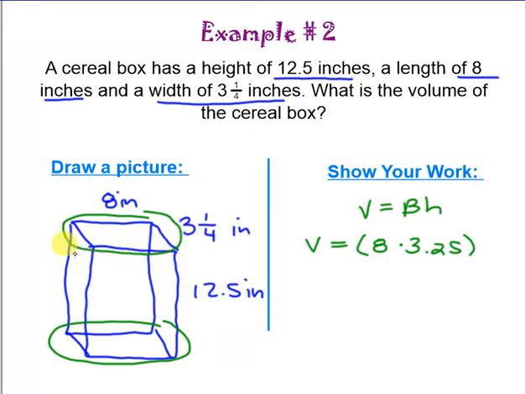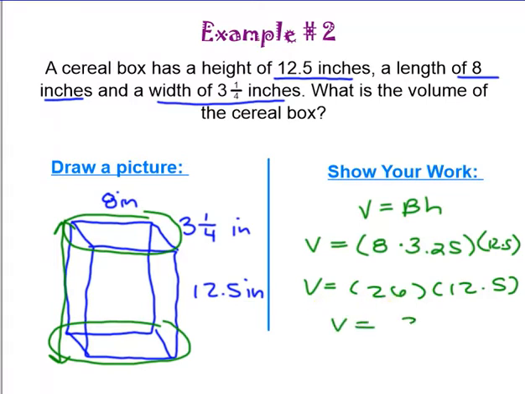And then times the height, which is from one base to the other base, and that's going to be 12.5. So volume equals, let me grab my calculator here, so we're going to do 3.25 times 8, and we get 26 times 12.5, and we get volume equals 325 inches cubed.